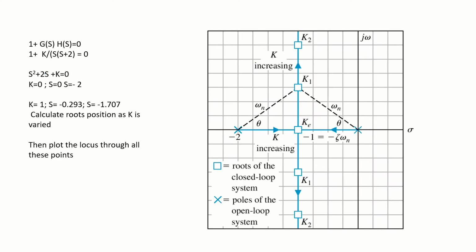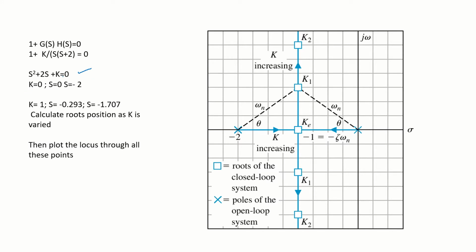Now the characteristic equation is 1 plus G of S H of S equal to 0. That is 1 plus K divided by S into S plus 2 is equal to 0. Correct? Then this will become S square plus 2S plus K equal to 0.